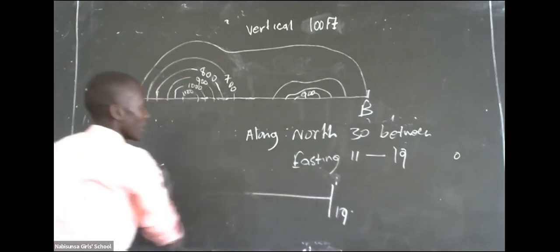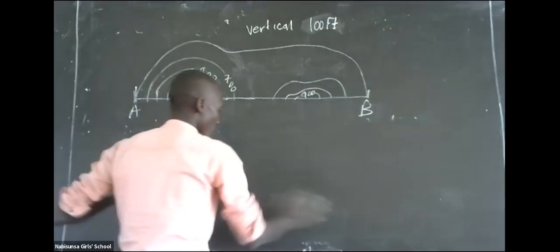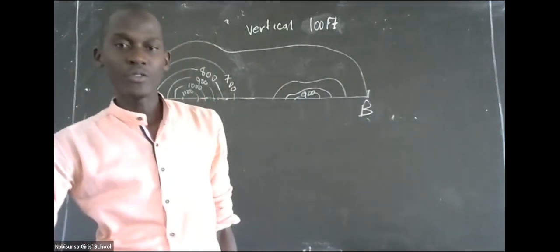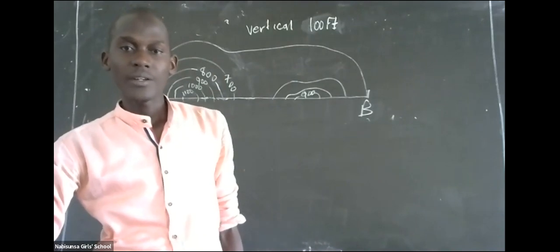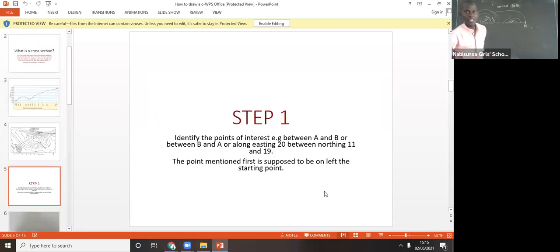Let us draw this cross section. Now, on the cross section, the first step, let me show you on the screen. Step 1, who can read for us there?